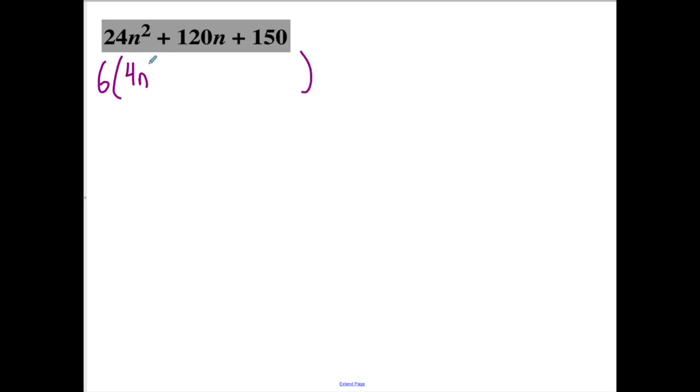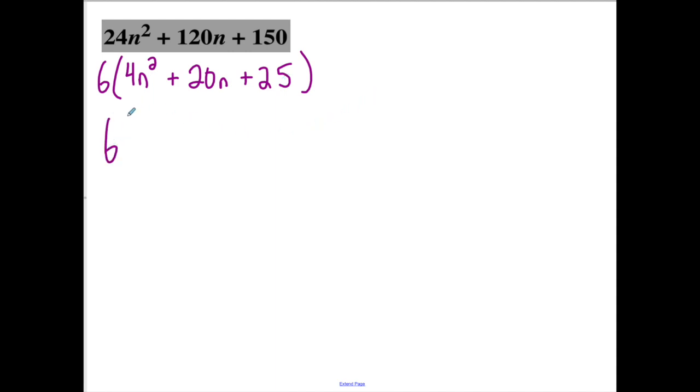We get 4n squared plus 20n plus 6 goes into 150 twice. So something like that. And I actually know that 6 times 4 is 24. So that works. So first you take out the GCF, and now look how much easier you've made it for yourself. Now, if you don't take out the GCF, I'll show you what that looks like in a second.